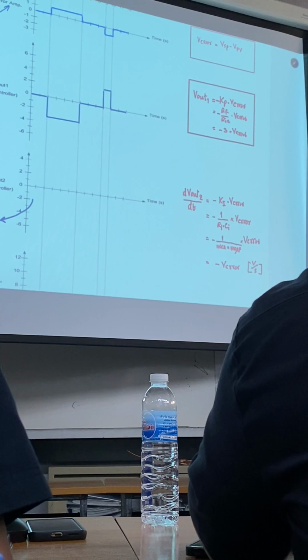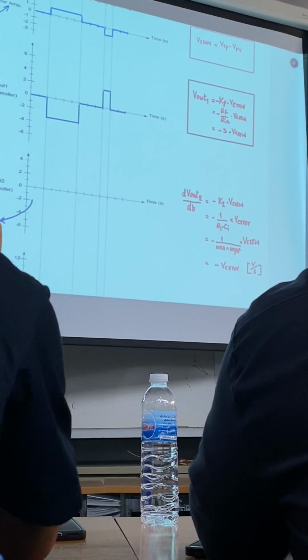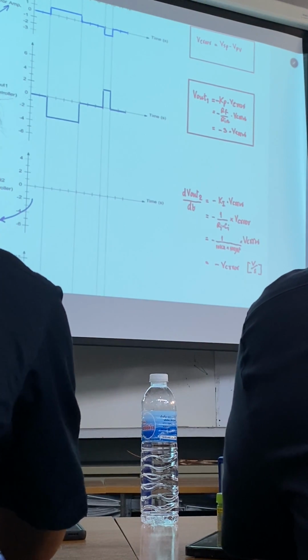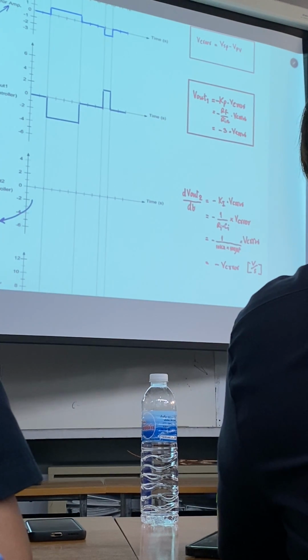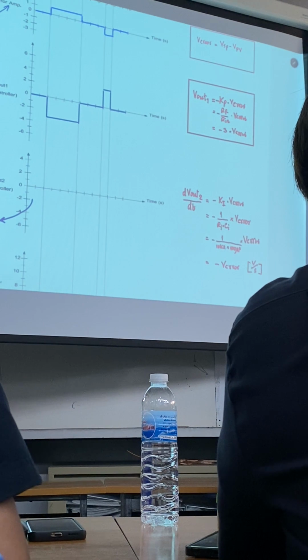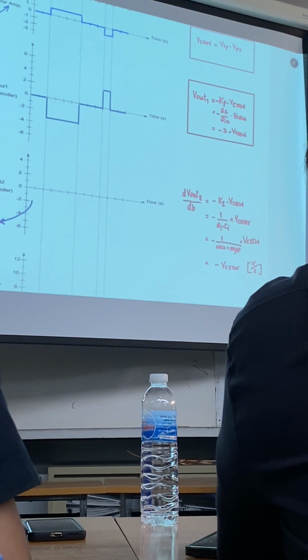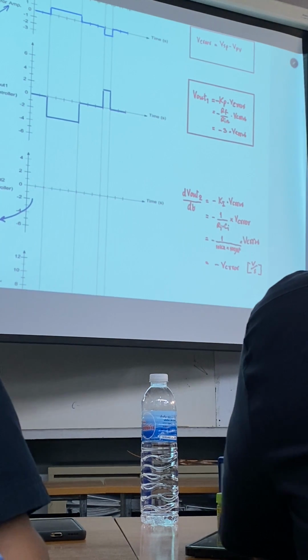That is the meaning of 0 volt per second. 0 volt per second means no change. No voltage change anymore. It also depends on the previous voltage. So now the previous voltage is 0. Then you will get something like 0.